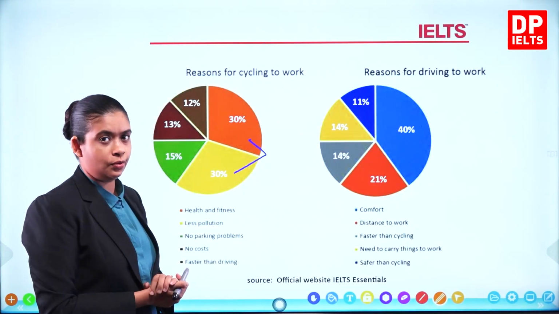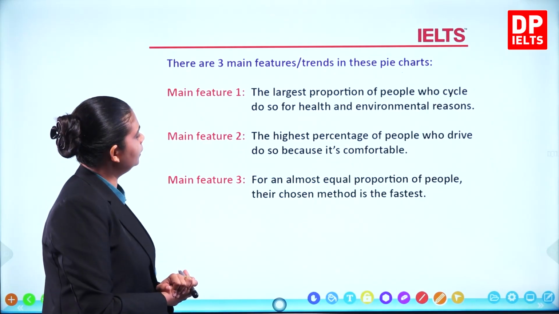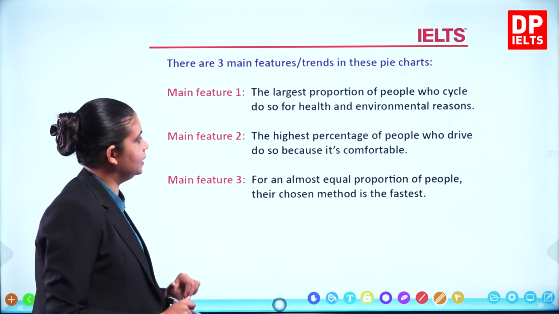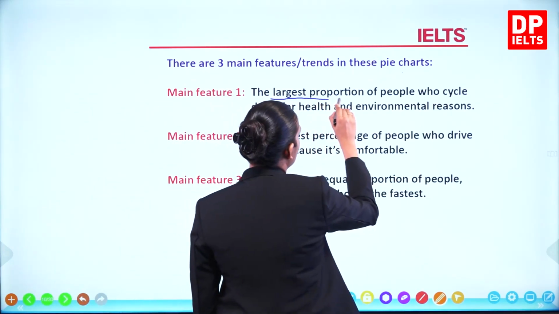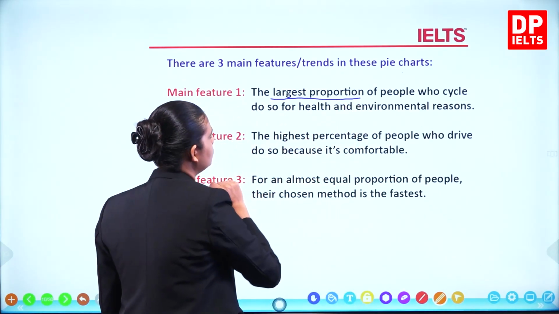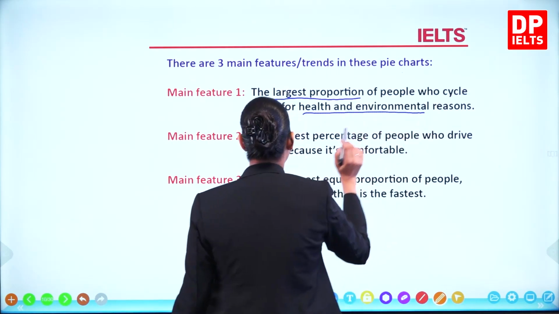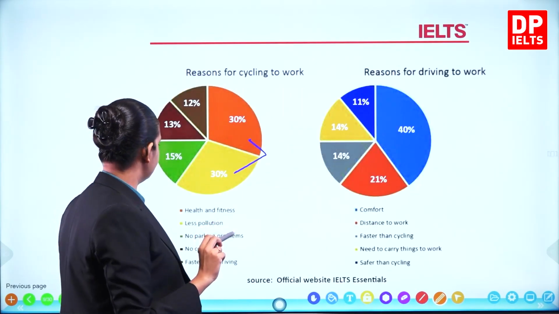Alright, so let us have a look. Now here there are three main features or trends that we can see. So we saw that the largest proportion of people who cycle to work do so for health and environmental reasons, right?